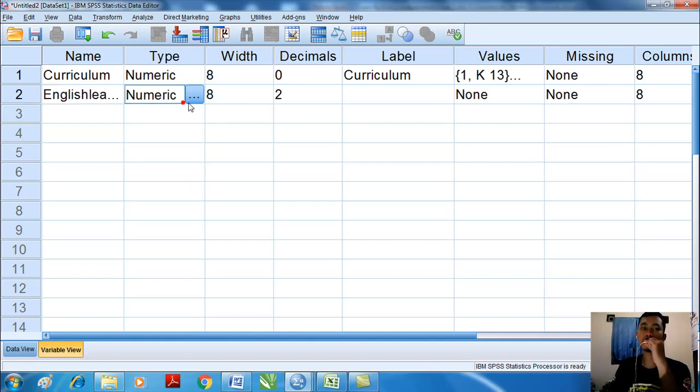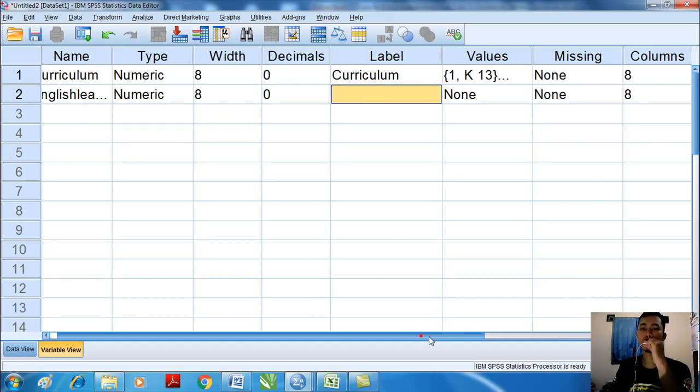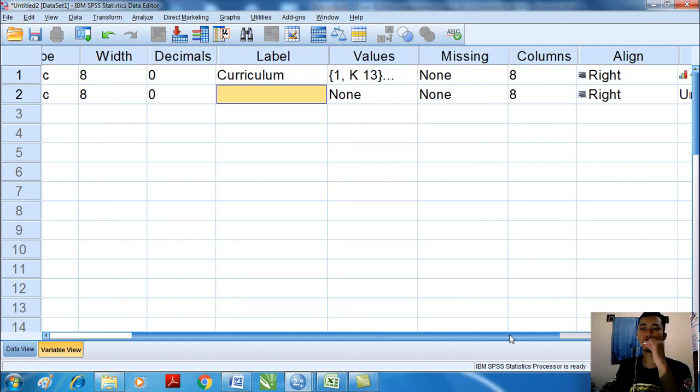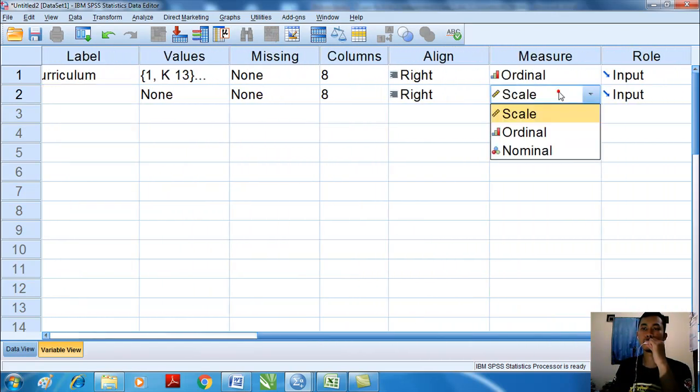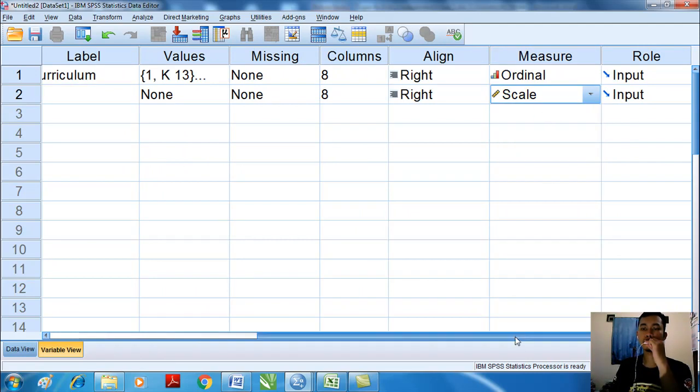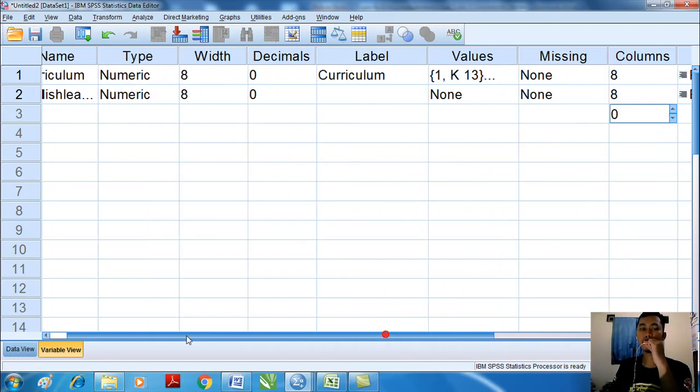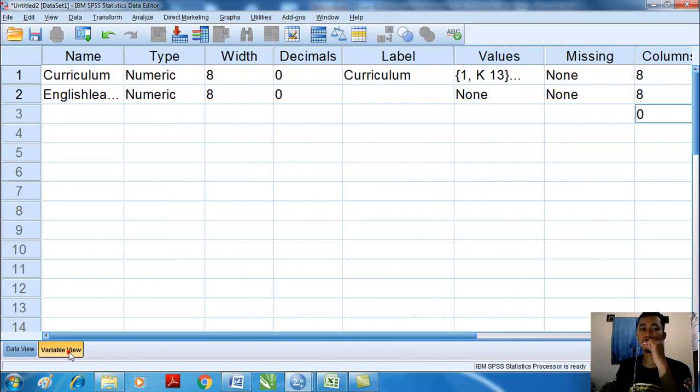Okay, next come to the decimal. The decimal is 0, and the label you can ignore, and then come to the measurement. We use scale. Okay, already done. Now we come to the data view.